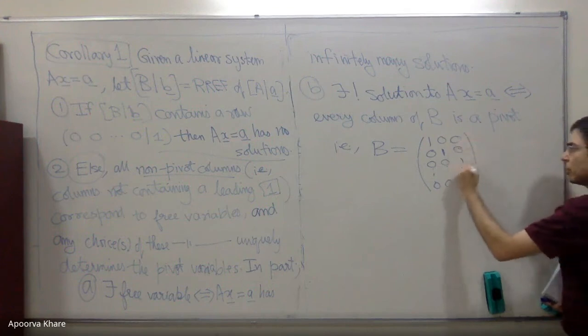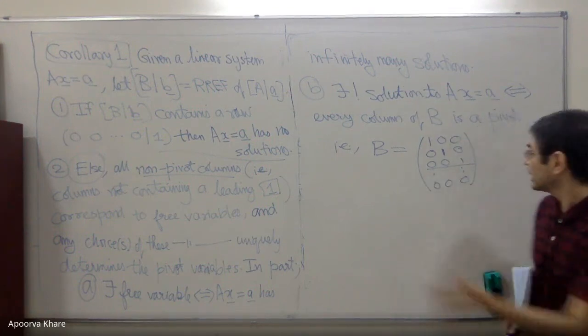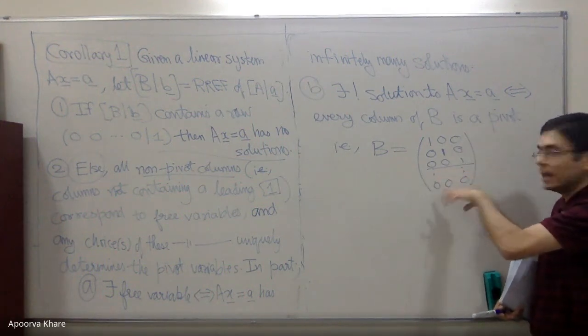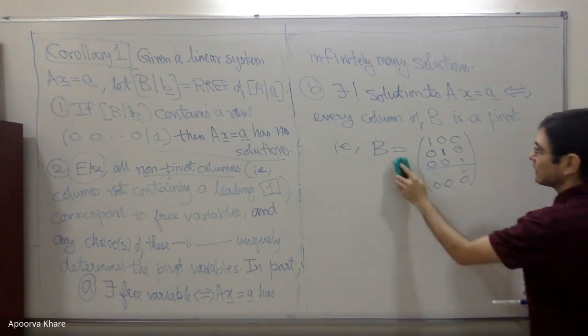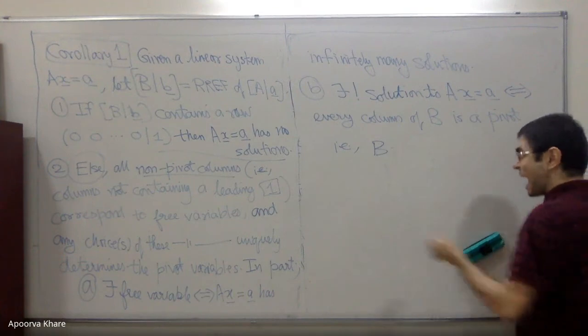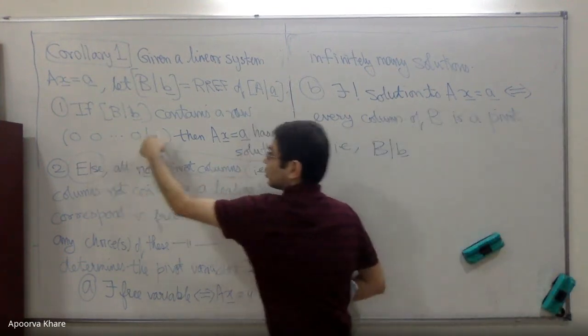So for example, you can stop here. This is an RREF. There are no free columns. I don't care that there are these 0 rows, as long as the B also is 0. That's exactly what happens in general. Because of the else part, there is no row like this.